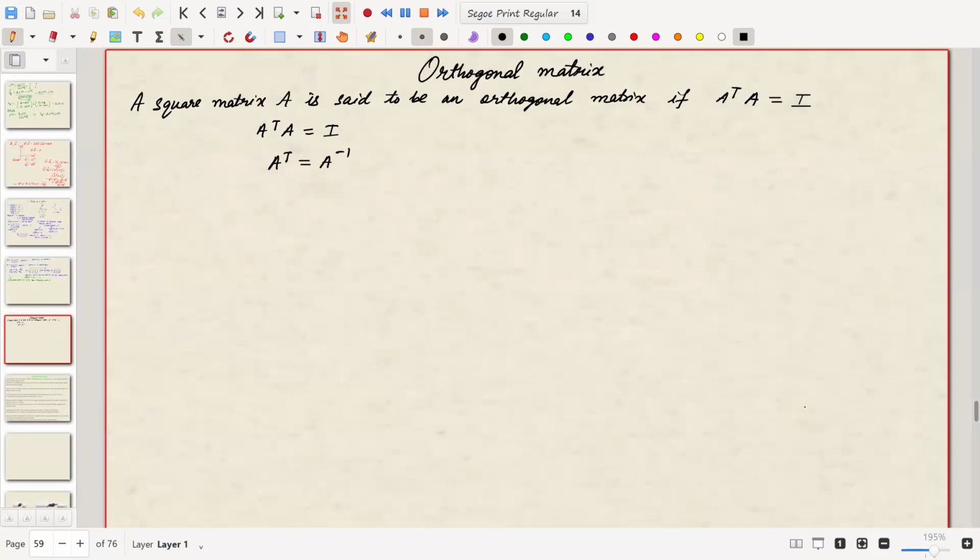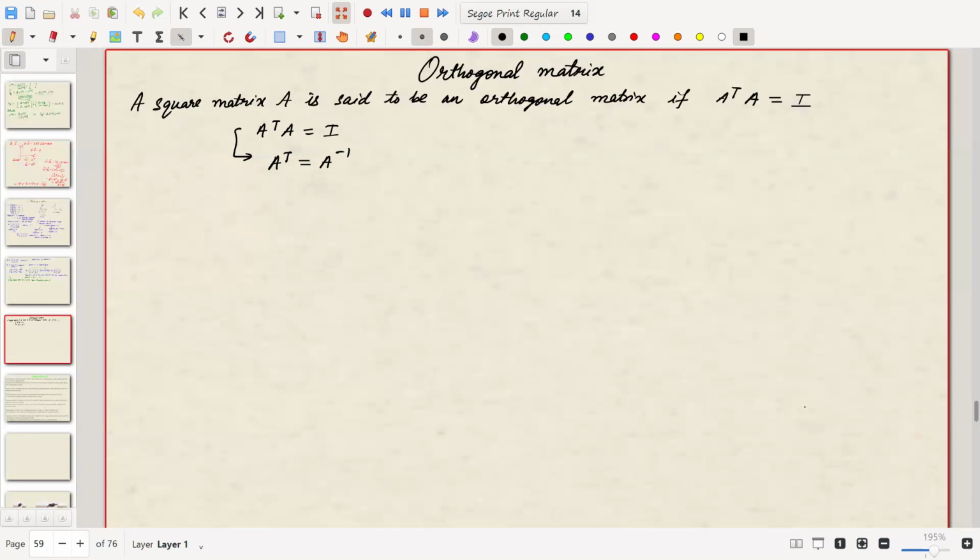How many of you can relate these two statements? Just multiply A inverse on the right side. So A inverse will be identity, and the right hand side will be just A inverse.